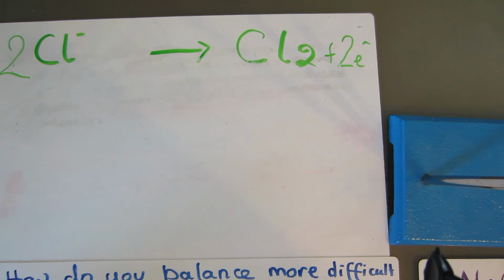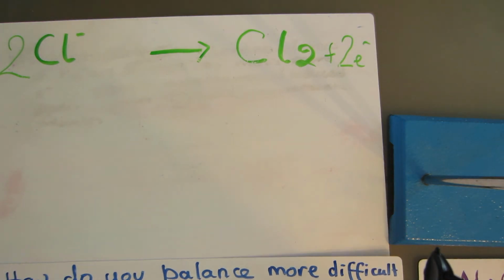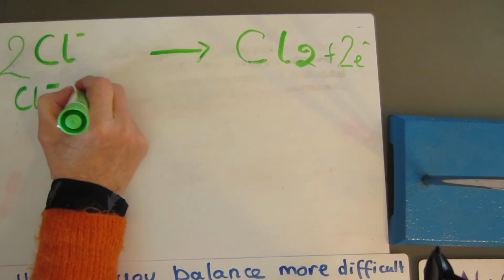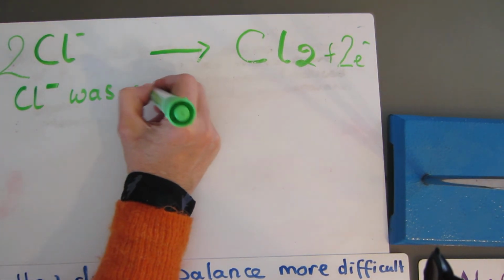So what you can do now, let's have a look here. What has happened? Cl minus was oxidized.